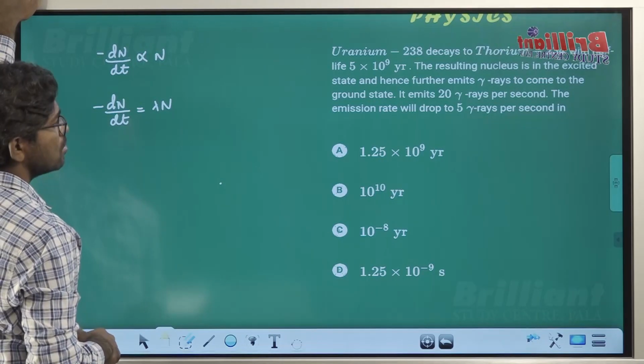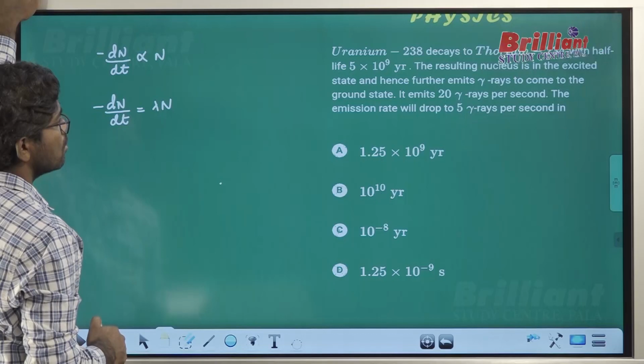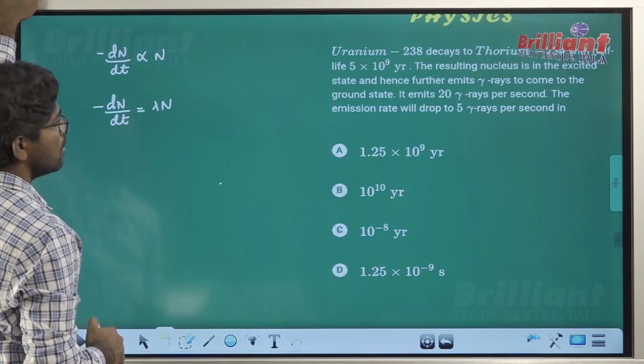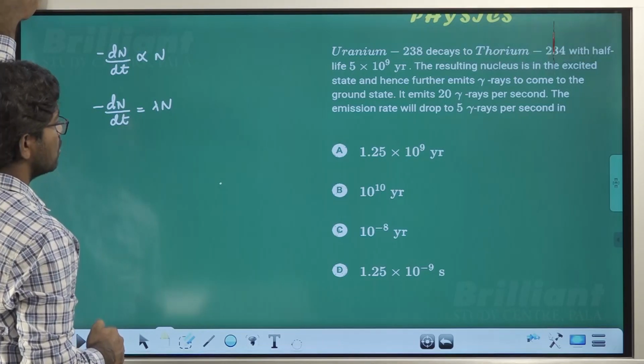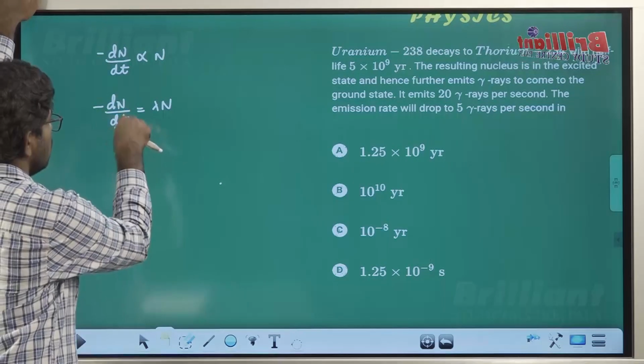You can see that initially it emits 20 gamma rays per second, which means the activity is initially 20.